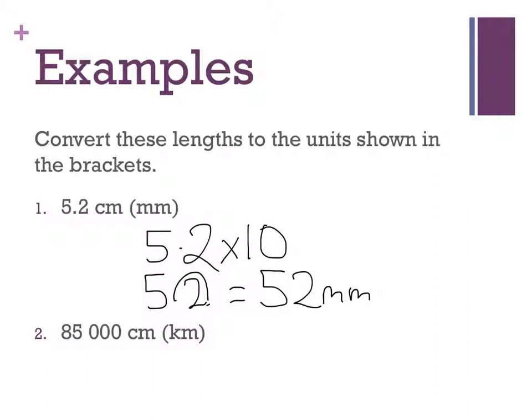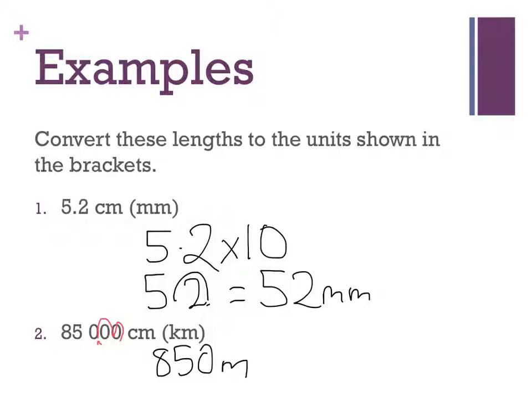So, how many centimetres are there in a metre? Well, there's 100 centimetres in a metre, so I have to divide 85,000 by 100. So my decimal point goes 1, 2. So 85,000 centimetres is the same as 850 metres.